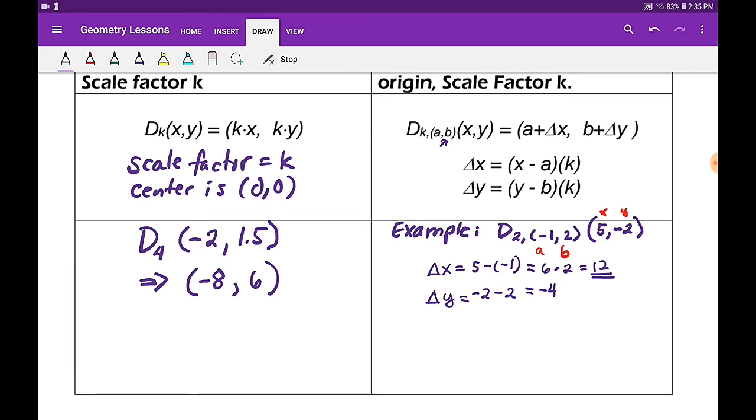You multiply that by the scale factor. The scale factor is 2. Negative 4 times 2 is equal to negative 8. That's our delta Y. So we have the delta X and we have the delta Y.